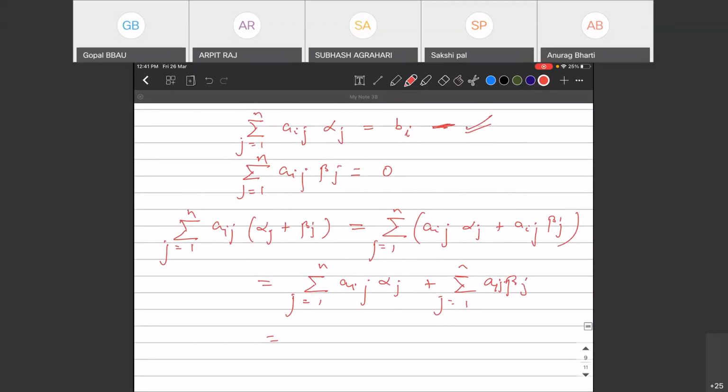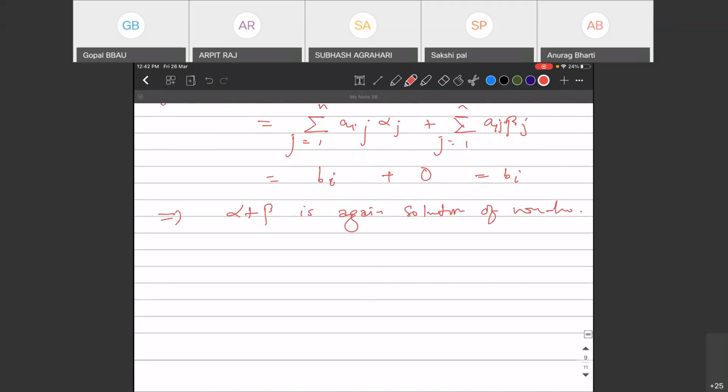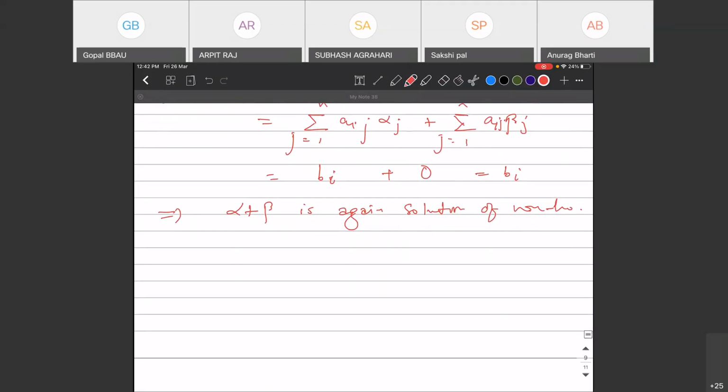From the first equation, this first part is beta i, and from the second this is 0. So this means this is beta i. This shows that alpha plus beta is again a solution of the non-homogeneous system.